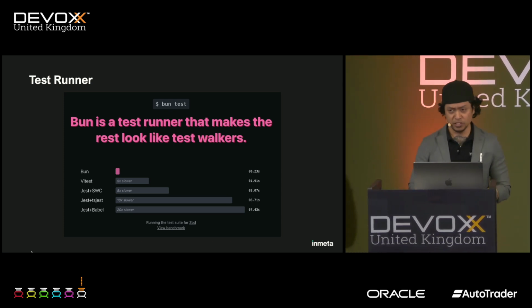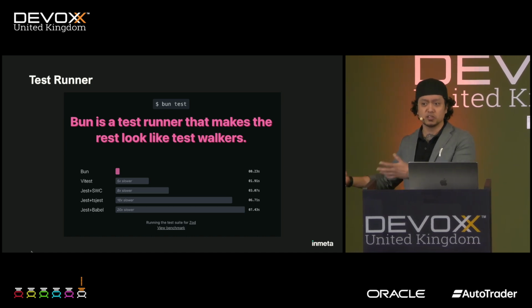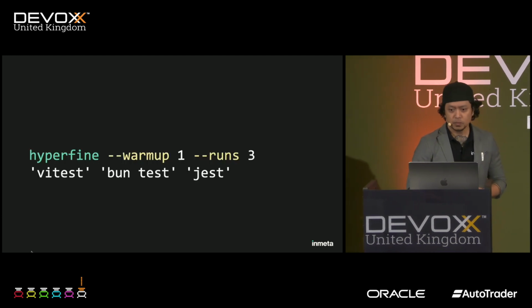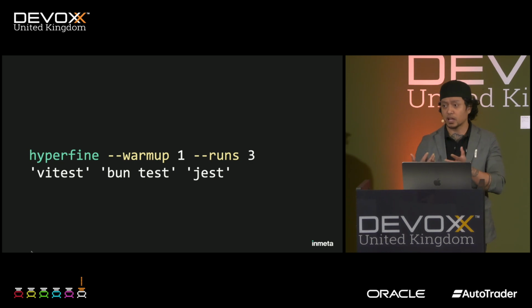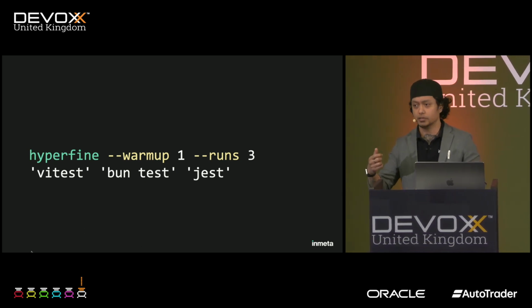Not just looking at this benchmark and accepting it. No, just try it yourself. So we're going to use hyperfine again, with warmup one because of the cache, and runs 3 times to get the average. What are the commands? Vitest, Bun test, and then Jest.